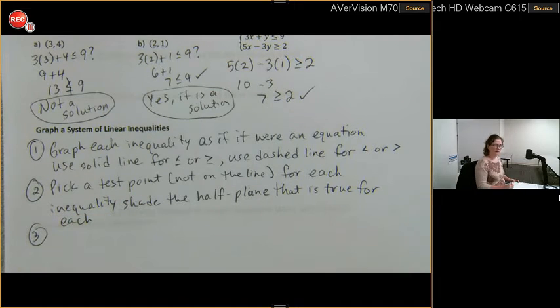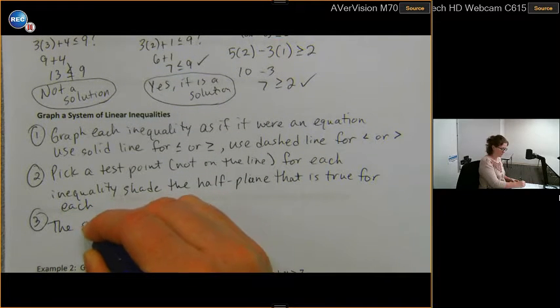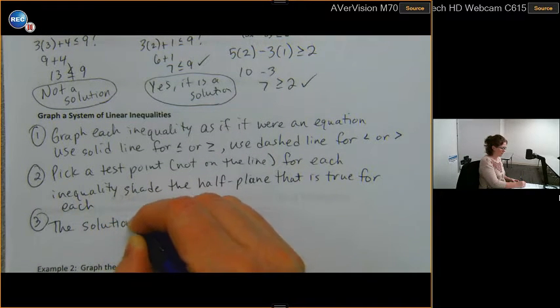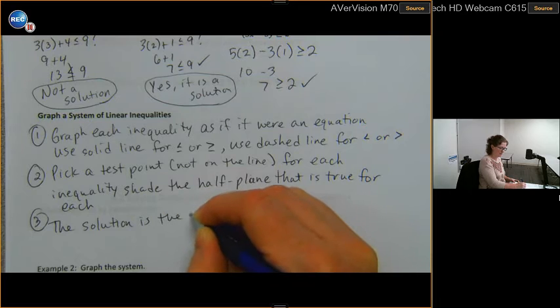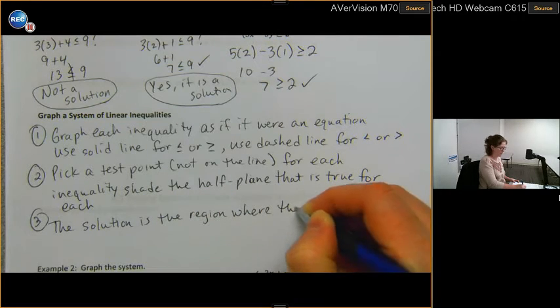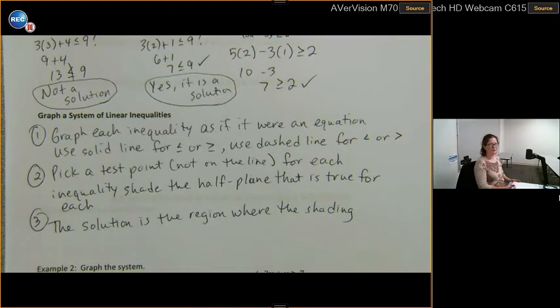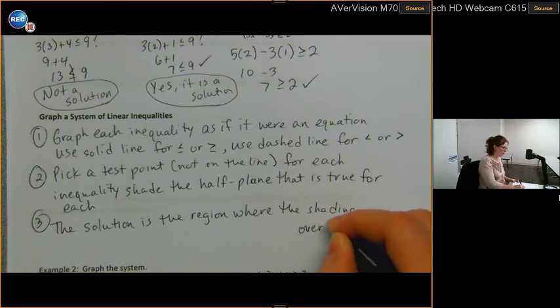And finally, our answer is going to be the shaded region that's overlapping. So our answer is not just like a single ordered pair. Our answer is the picture of the graph showing where the shading overlaps.